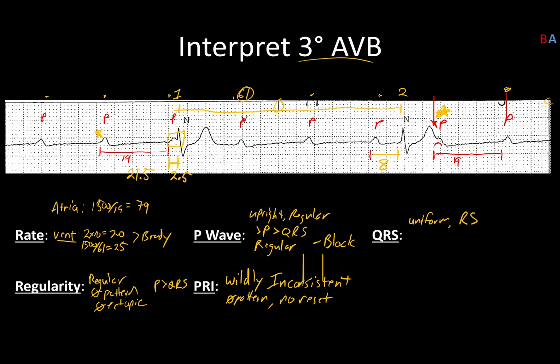So I'm going to actually do some erasing here, just so we can get a better look at it, and say that the J point appears to be about right here. And right there. What do we get? 1, 2, 3. So I get right at 3 small boxes for my measurement there.